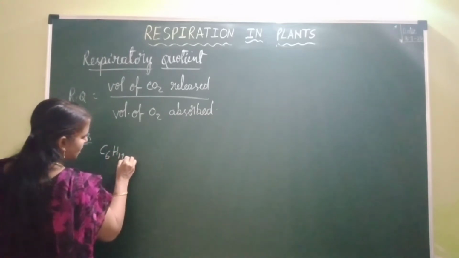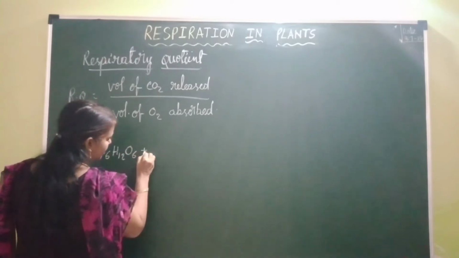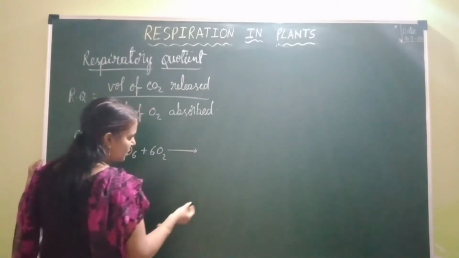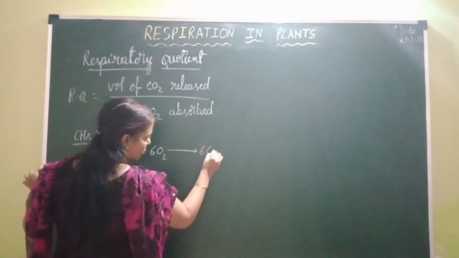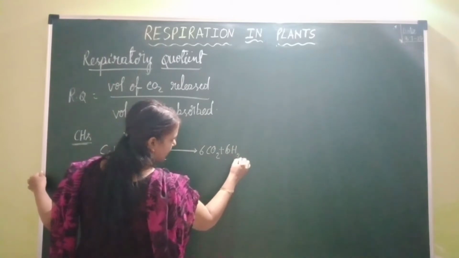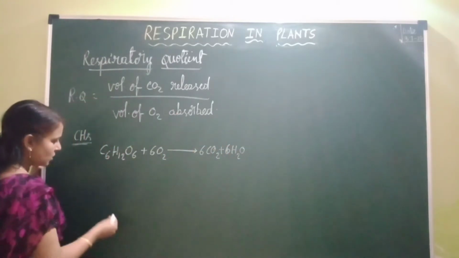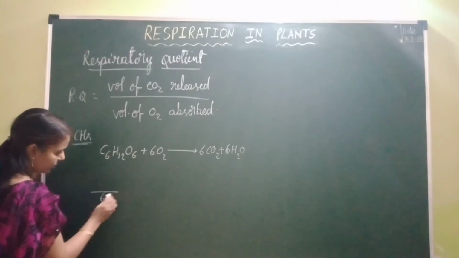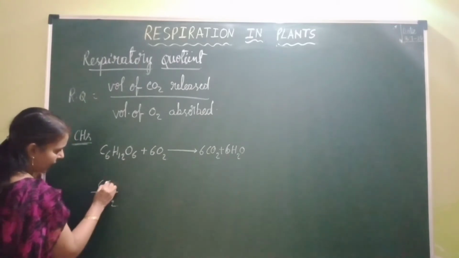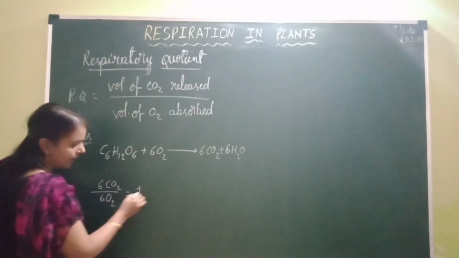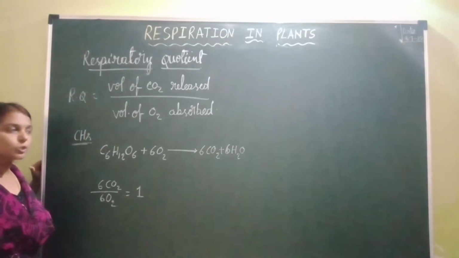Glucose undergoes breakdown through aerobic respiration, during which 6 molecules of oxygen are absorbed, and 6 molecules of carbon dioxide are released along with 6 molecules of water and some energy. So 6 molecules of oxygen absorbed and 6 of carbon dioxide released. The RQ value is 1, equal to unity.